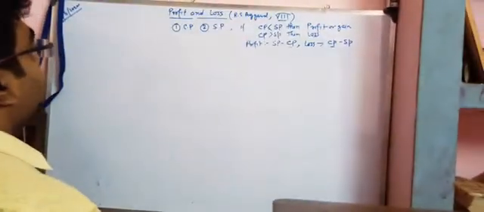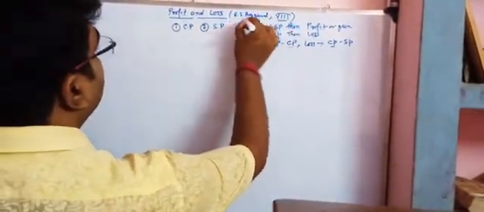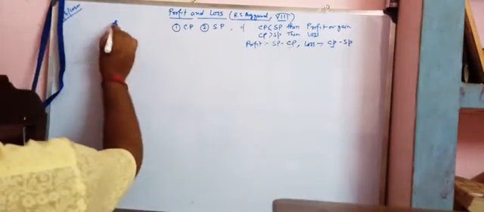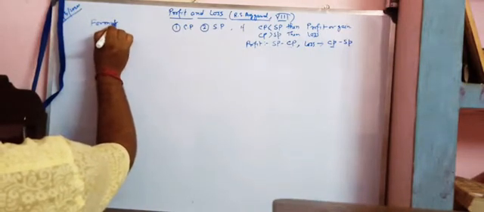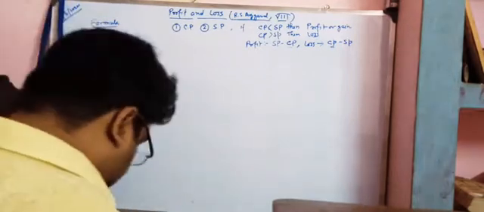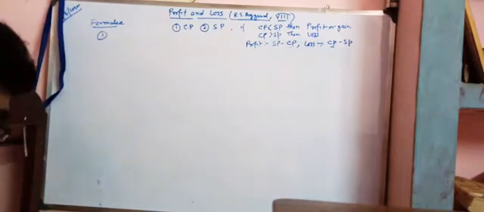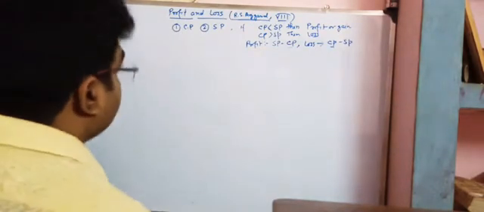there are several formulas here. I am writing the formula. The formula is clearly given in the RS Agarwal math book. You should read it from there. First formula: gain is equal to SP minus CP.